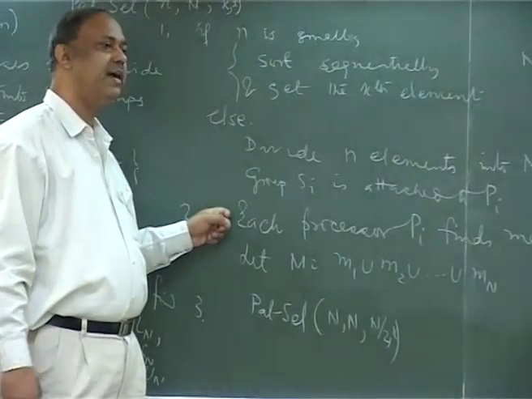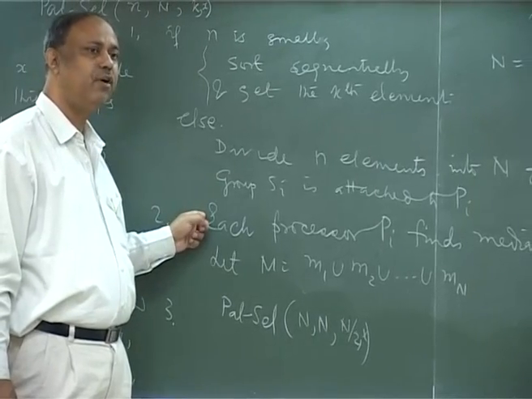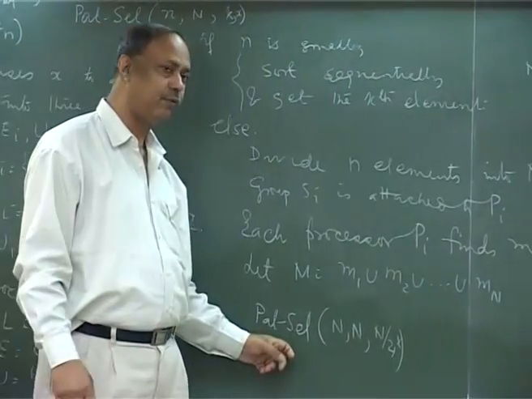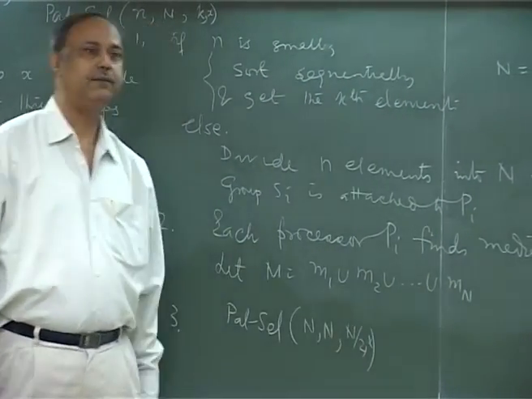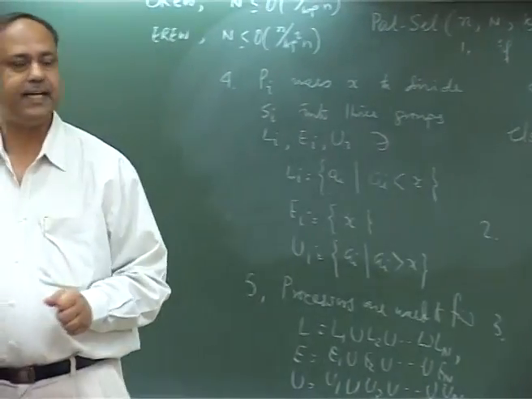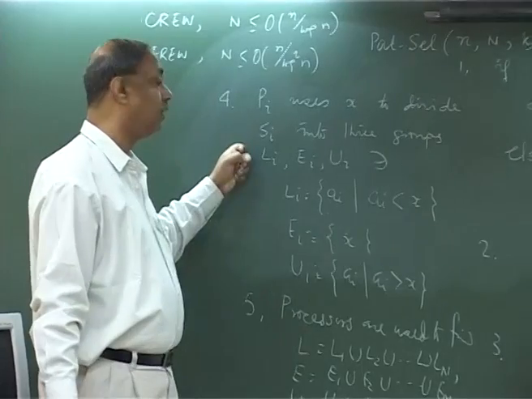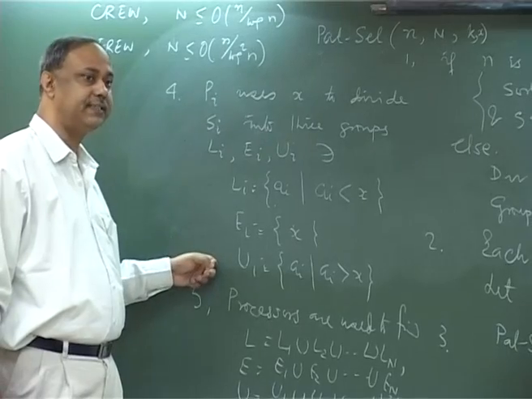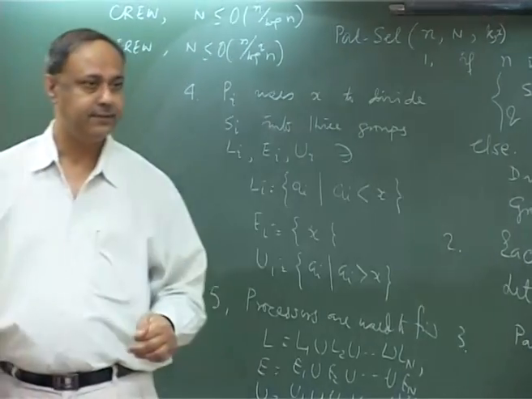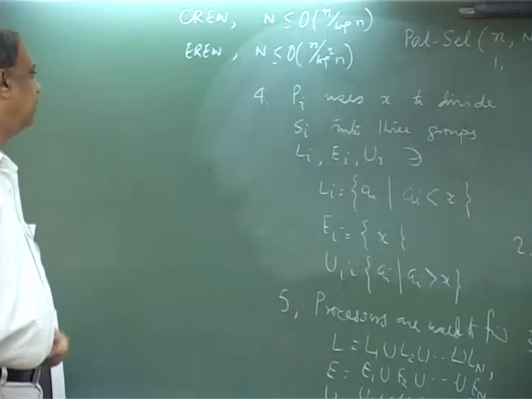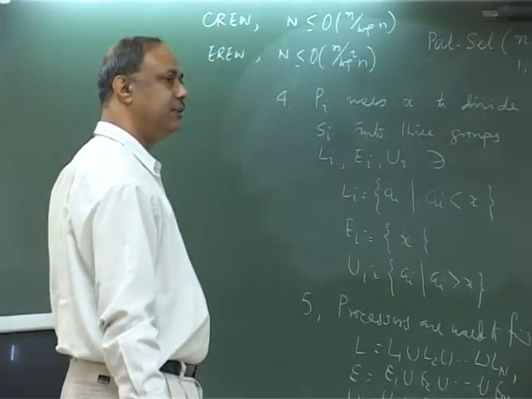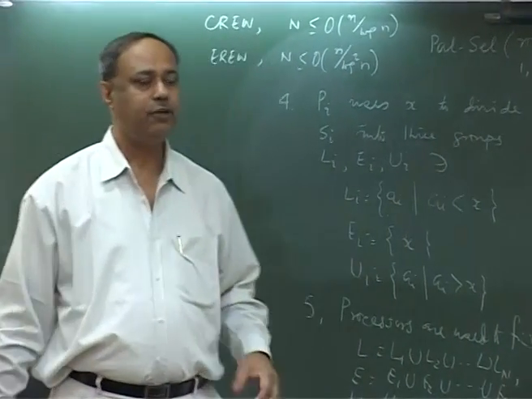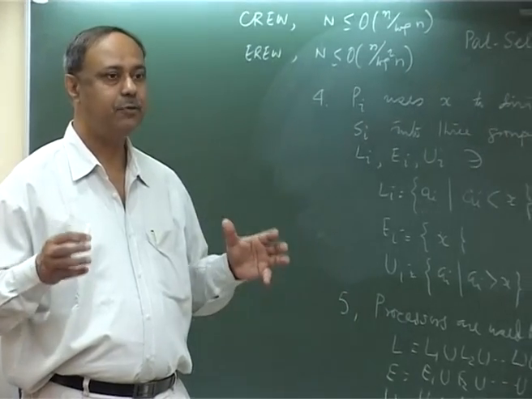So sequentially Pi finds the middle element of Si, and these middle elements form M. Then you call the PAL select algorithm to get the median of medians, and that median element is used by each processor to divide into the 3 subsets Li, Ei and Ui. Li contains all the elements smaller than X, Ei contains the median elements, and Ui contains all the elements greater than X. Now you have to combine these Li's, Ei's and Ui's.